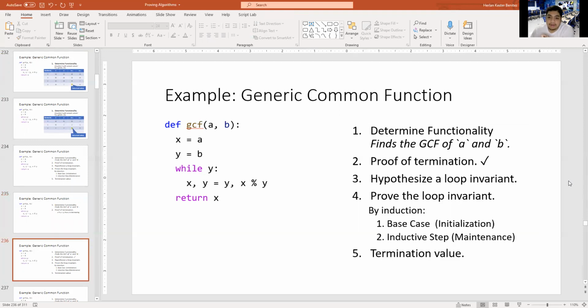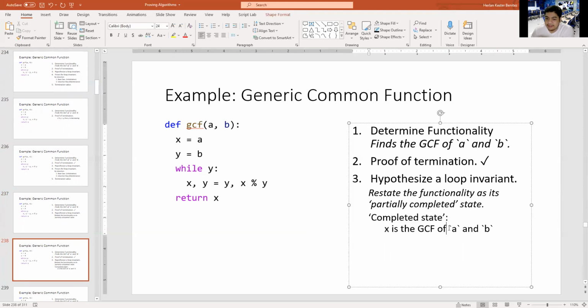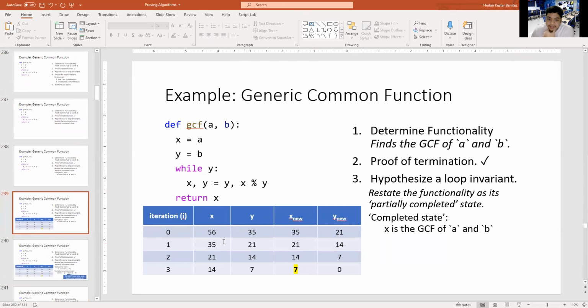So what would be our loop invariant? So kailangan natin i-restate yung functionality as its partially completed na state. So yung completed na state natin is x is the GCF of A and B. So paano kaya natin makukuha yung partially completed state nito? So we can look at, again, of course, yung itsura ng iterations natin.